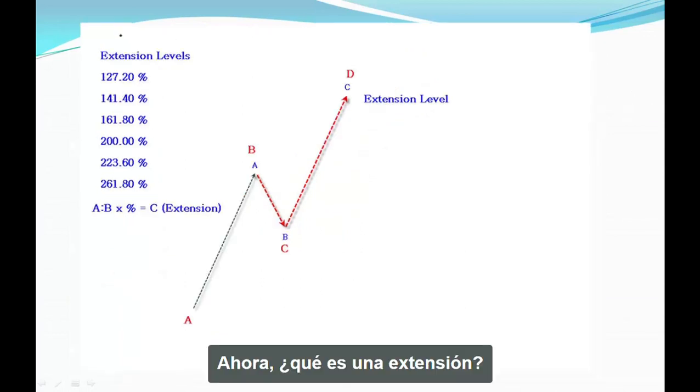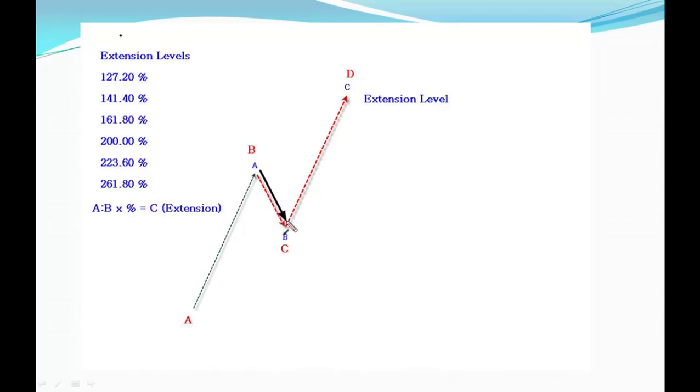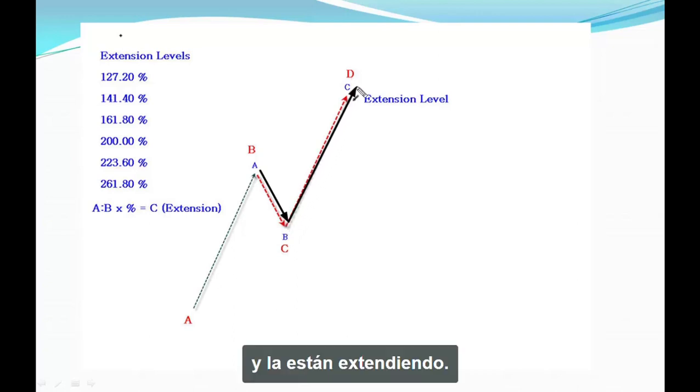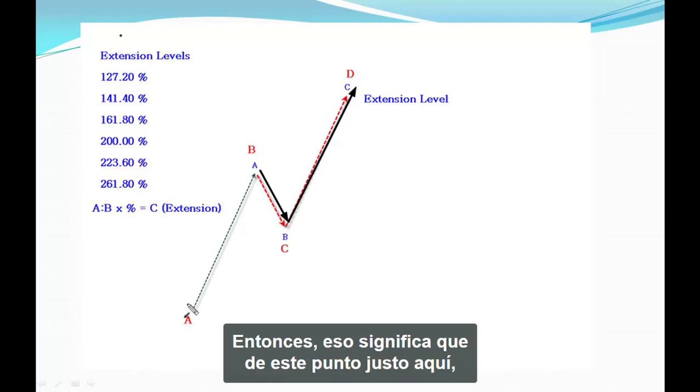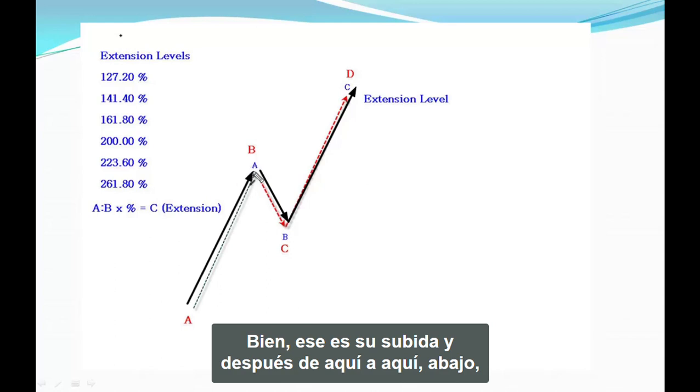Now, what's an extension? Let me draw this out for you. An extension is basically you take B to C right here, and you're extending it up. So from this point right here, A to B, that's your impulse, that's your up.